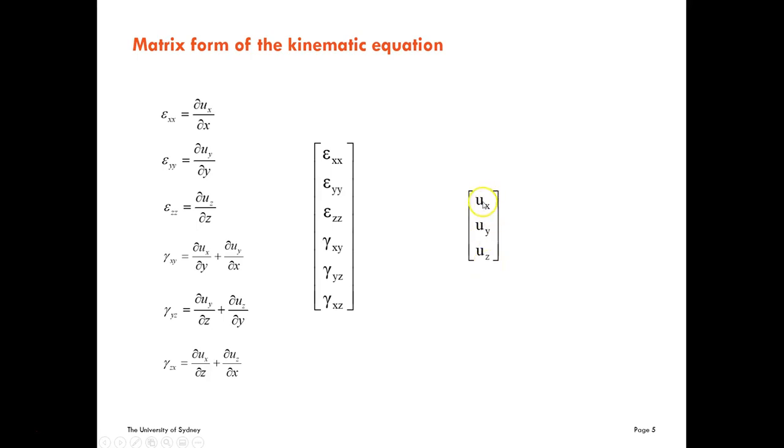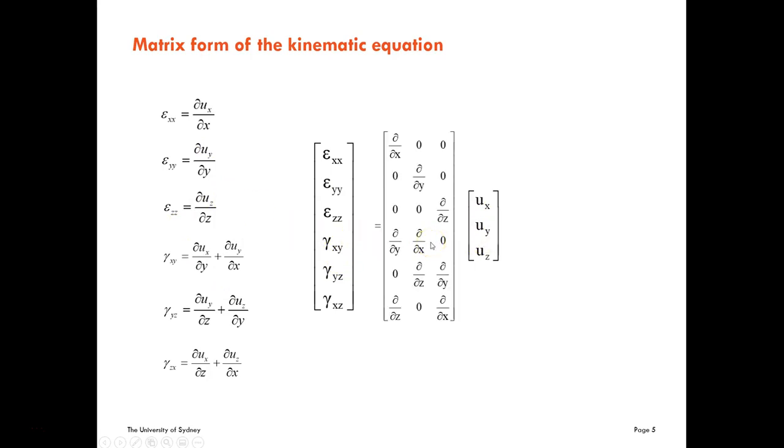These components are the x, y component of the displacement field. So I can connect this with a matrix with derivatives here. If you compare these with this here, you can identify the matrix. For example, in these terms, exx is the partial derivative of ux.